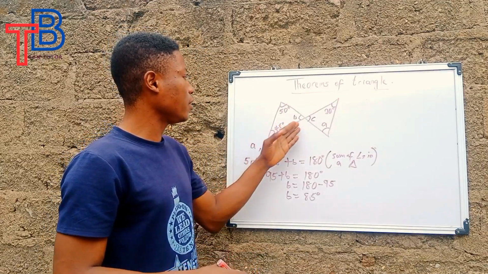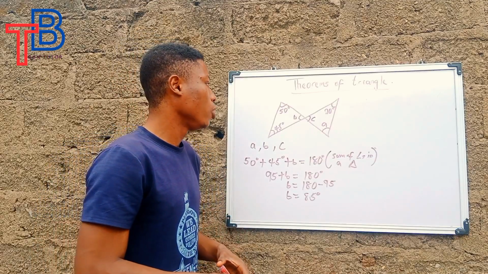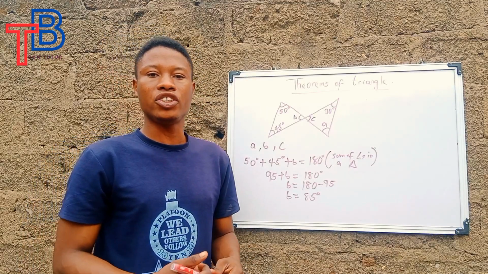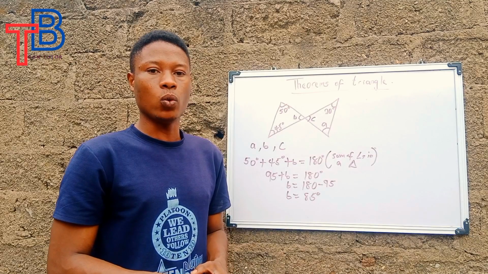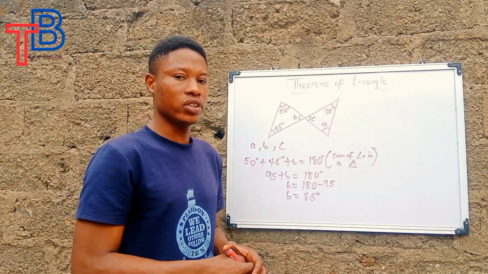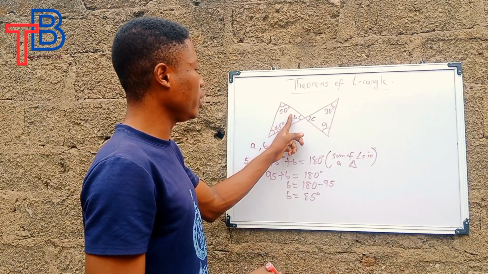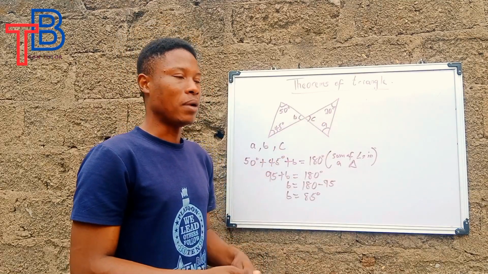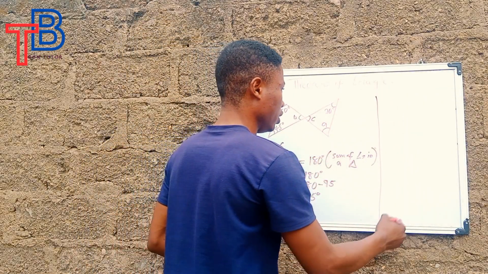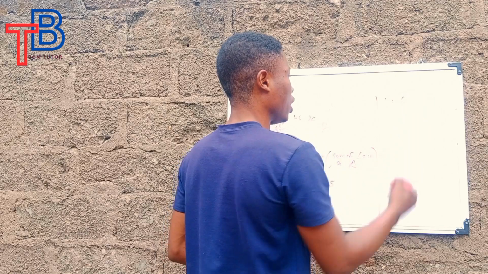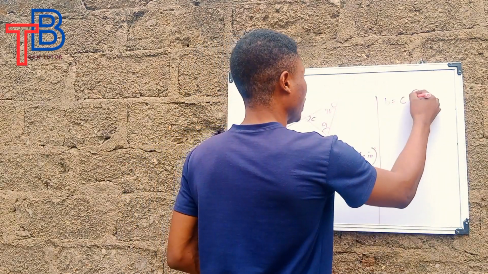Since you now have your b, you will notice, if you recall the theorems we talked about earlier, when two straight lines cross each other, the angle b here is equal to my angle c. The angle b is equal to angle c. Why?